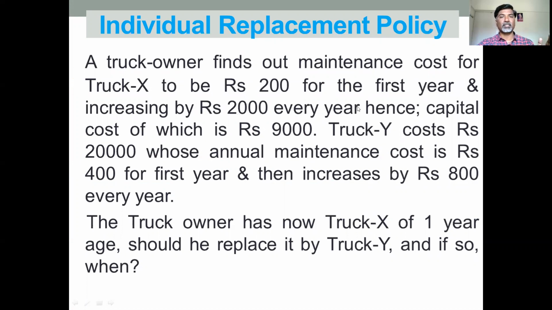Means after the first year, every year 2000 cost of maintenance is increasing. The capital cost of which is 9000 rupees. Means the price of truck X is 9000 rupees.